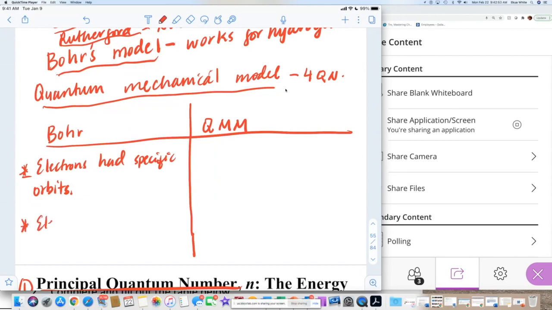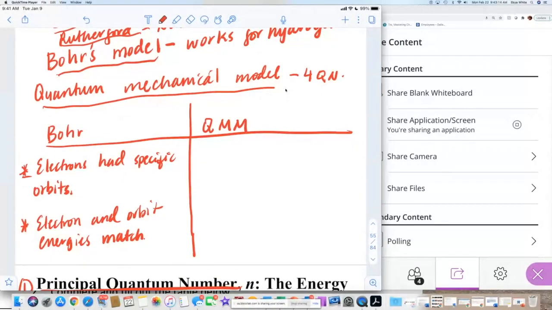So here we see electron and orbit energies match. So if the electron is going to be on an orbit, we can assume the electron has energy that matches the orbit it's on. Okay?